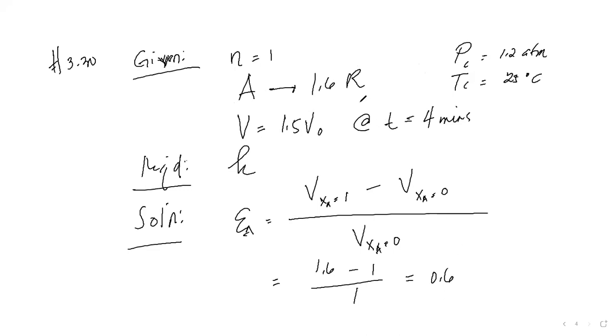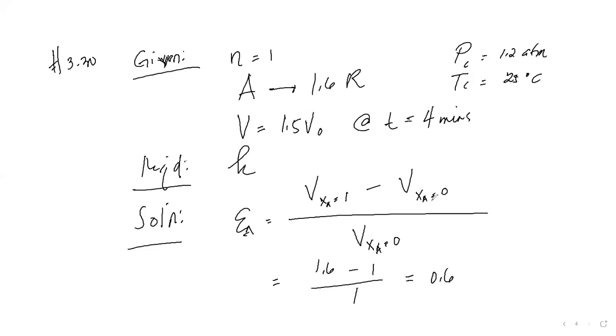Now, question, miss, what if I have several products here and I have several reactants here? What will you do in determining the epsilon A? You will add all the coefficients of your products, and that would be the number reflected here for volume at 100% conversion.